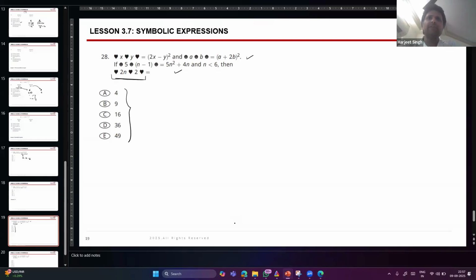We will work with 1 and 2. Now 1 is what? AB, right? So if I substitute A as 5 and B as n minus 1, what do I get? 5 plus 2n minus 2 whole square. So that's your 1, correct?